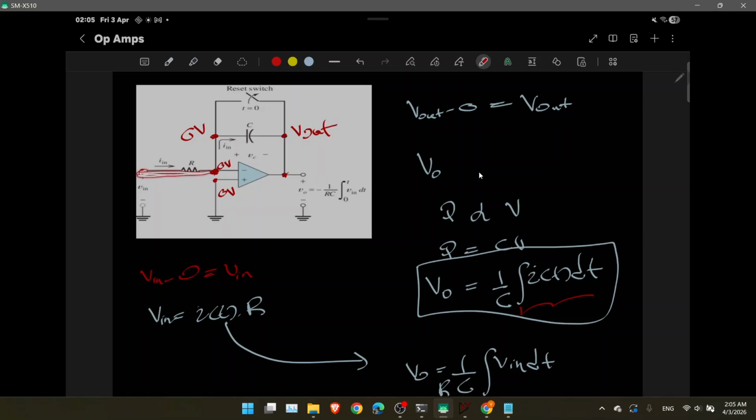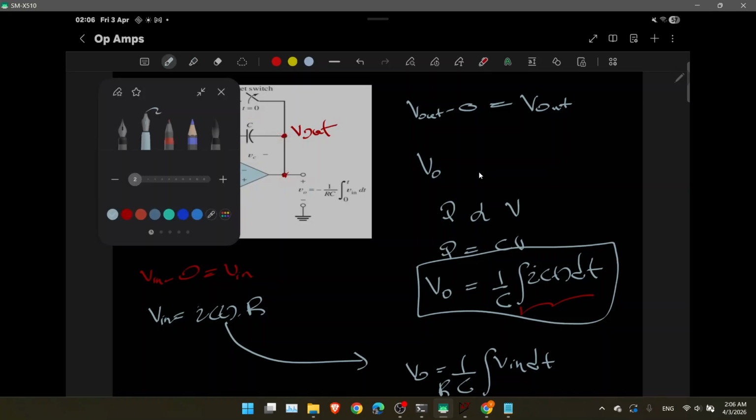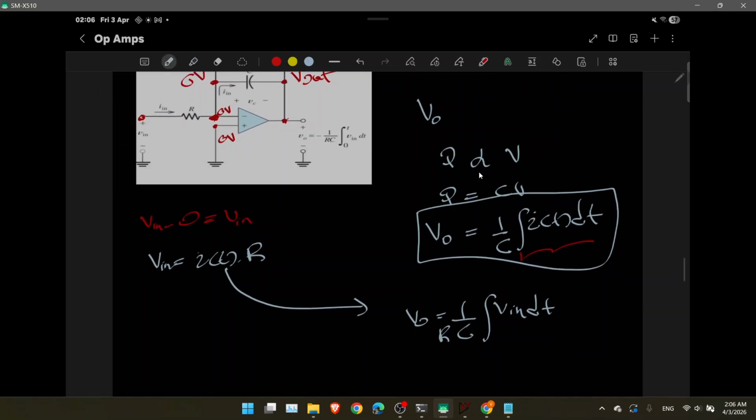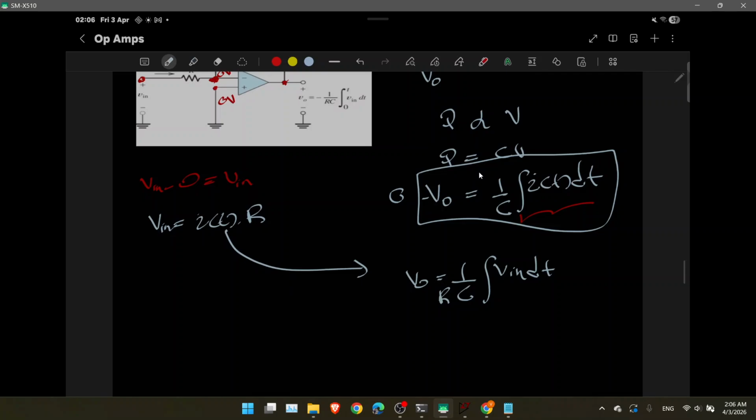The IR voltage drop brings you to 0 volt, and here you have 0 volt, and towards this side, here the voltage is 0, here the voltage is V out. So 0 minus V out. The actual value is 0 minus V out. So V out is minus times the integration of V in dt.